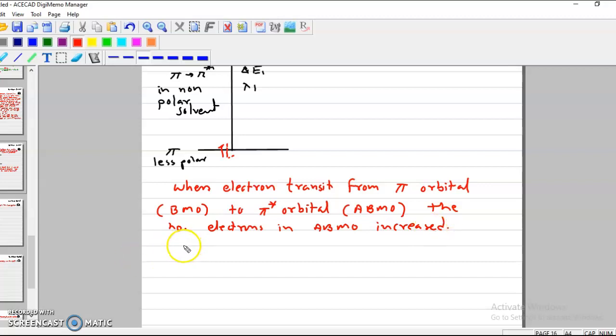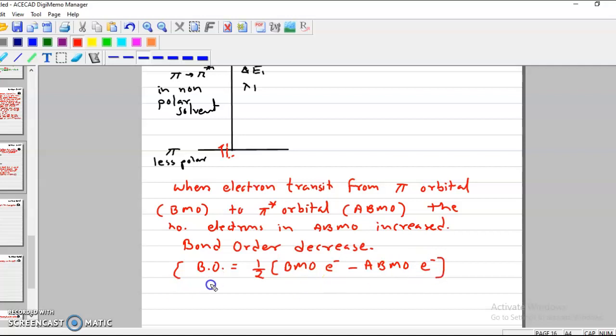So in that case, bond order decreases. If you know molecular orbital theory, you must know that bond order is equal to half of the BMO electrons minus the ABMO electrons.